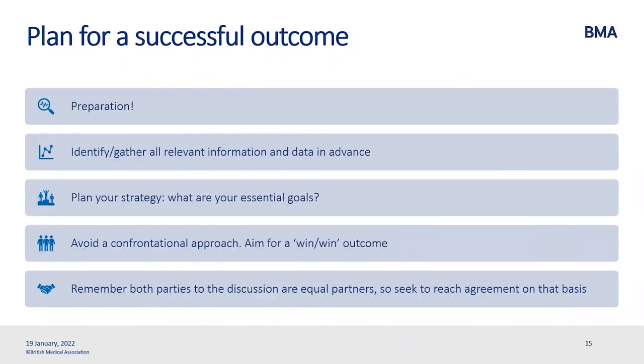If you want a good outcome to your job plan review, then in advance of the meeting, you need to identify and gather all relevant information and data that you need to support your case.